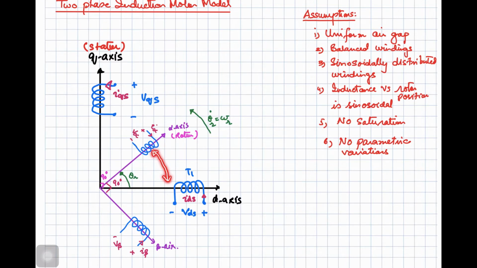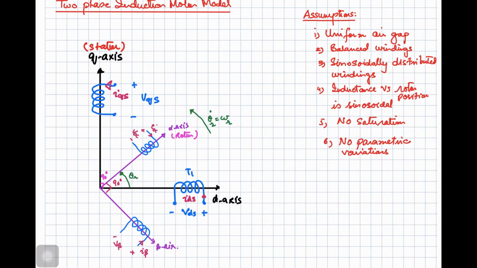The inductance is going to change in a sinusoidal way. There will be no saturation and there will be no parametric variation. So these are our assumptions. With these assumptions, we will analyze the two-phase induction motor model in detail, and then we will develop the dynamic model of the induction motor.